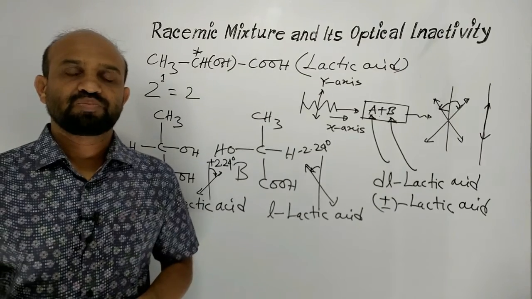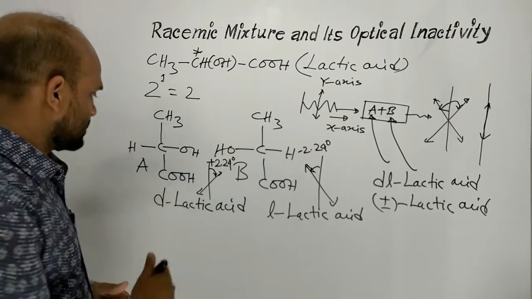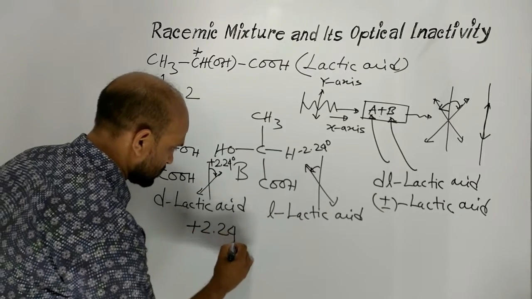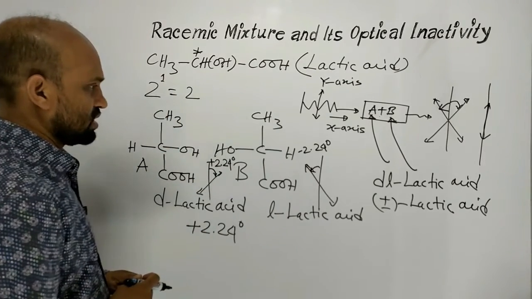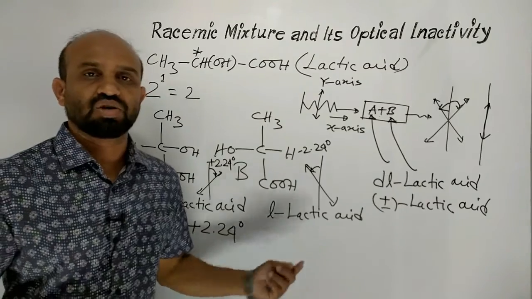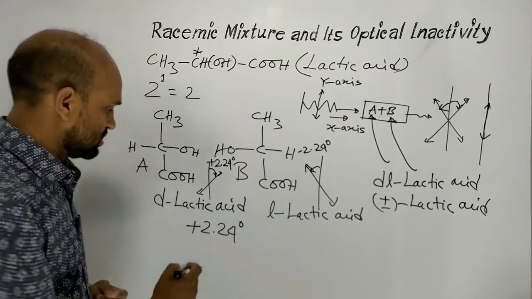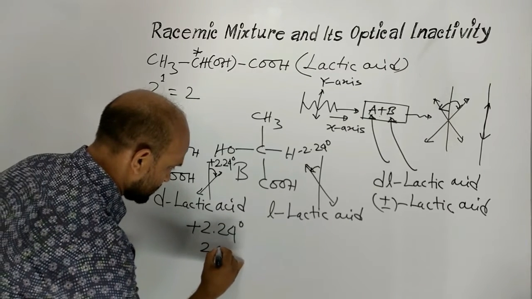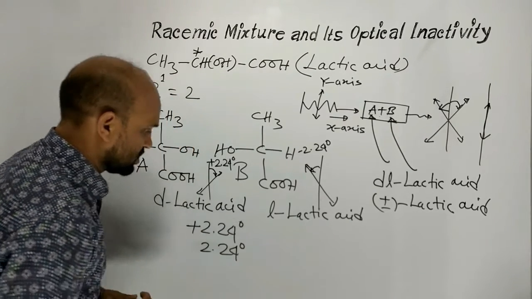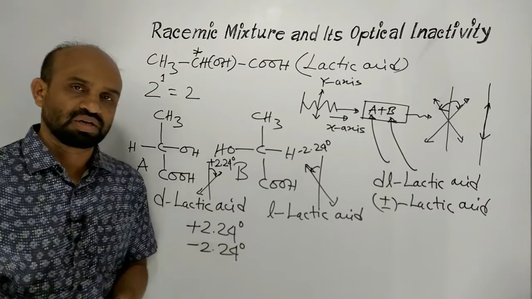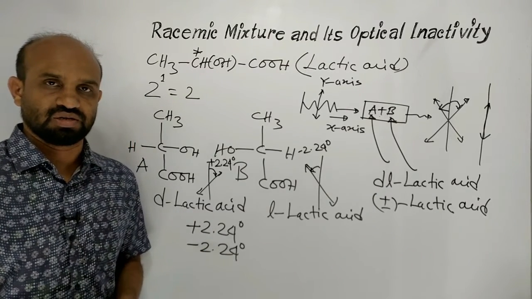The rotation of the plane of the polarized light by D-lactic acid is plus 2.24 degree, and the rotation by L-lactic acid is 2.24 degree in the anti-clockwise direction. That is why negative sign is used here.